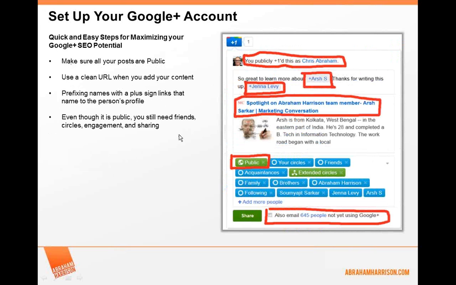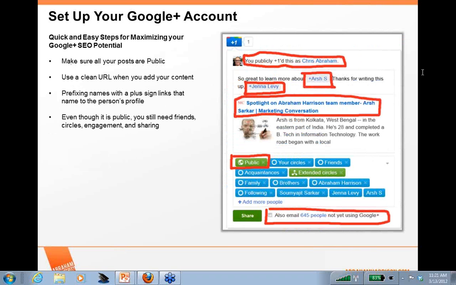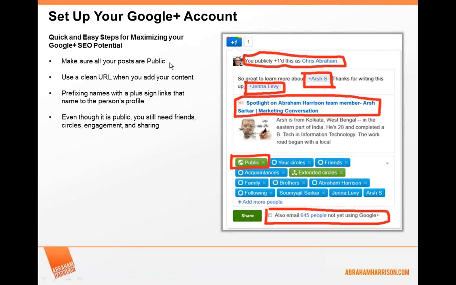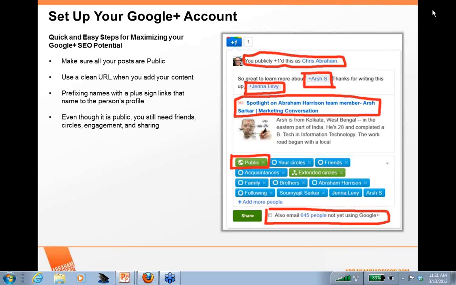All right. Let me see if there's any important. Cool. All right. Make sure that all your posts are public. This is where I share things with really ugly red marks. So first of all, you publicly plus this one as Chris Abraham.